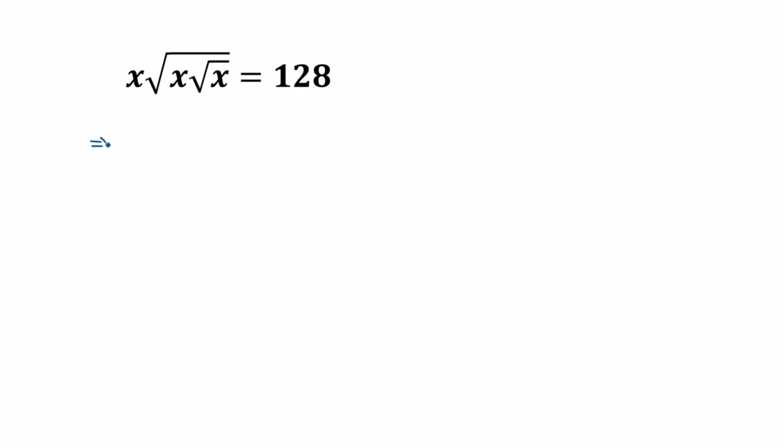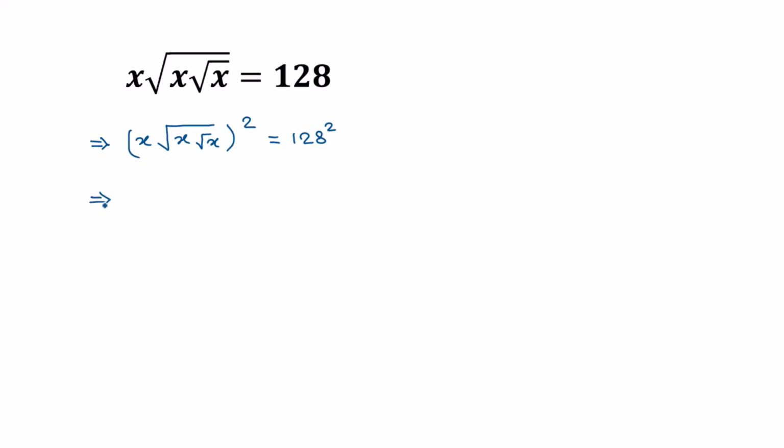Taking square to both sides, we can write the left side as x times square root of x times square root of x, and whole square, is equal to the right side, 128 square.